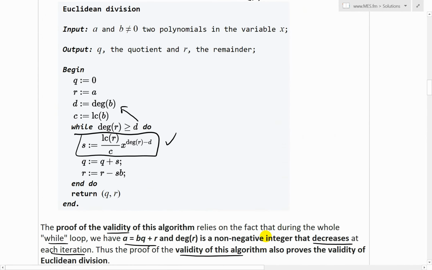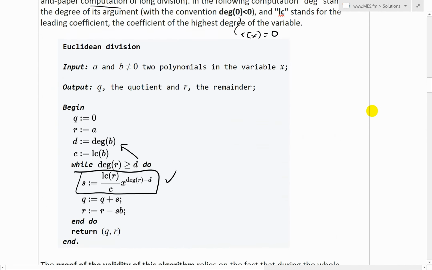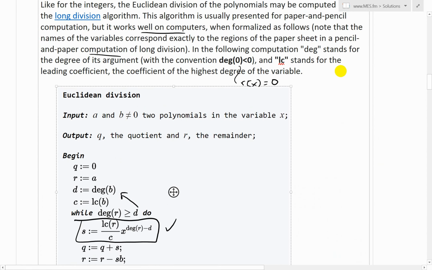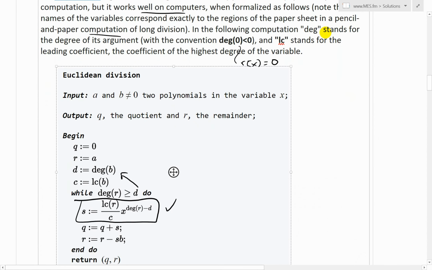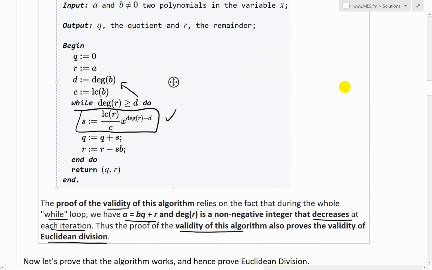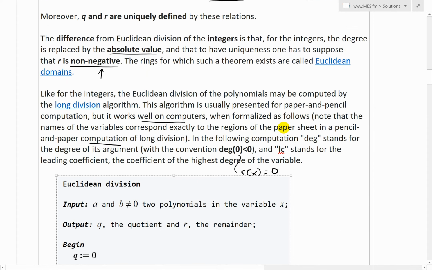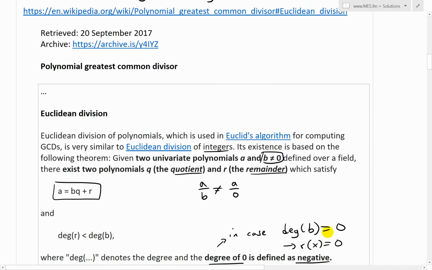Basically we've just proven this algorithm works and made sense of the computer code Wikipedia put, and it proves that there are Q and R such that R is always going to be less than B, and that theorem holds true. A equals B Q plus R.